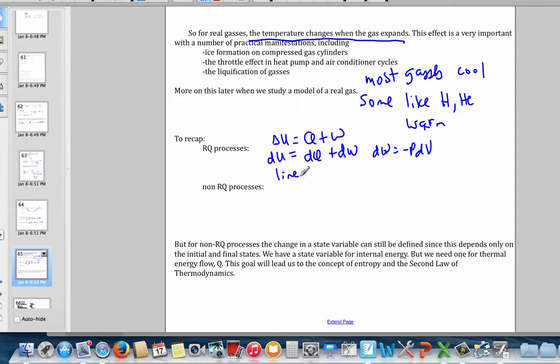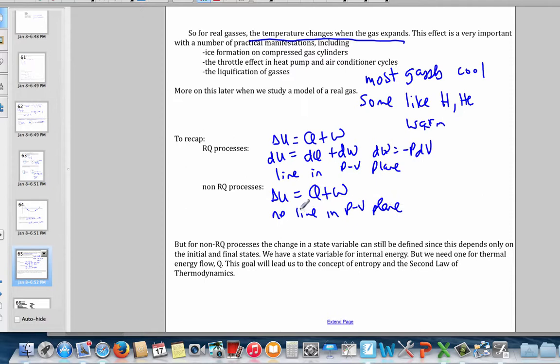You can only draw a line in the PV plane if the pressure and volume are defined at every single point. And for that to be true, you've got to be going really slowly, making really slow changes, and it has to be frictionless. Now, non-RQ processes are still important in thermodynamics, and the laws of thermodynamics in their macroscopic form are still true, but you can't draw a line in the PV plane to analyze them.